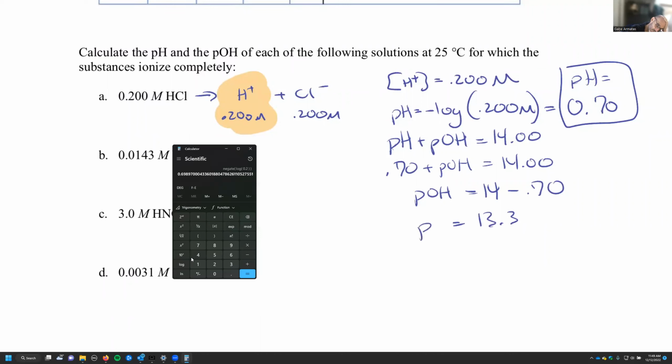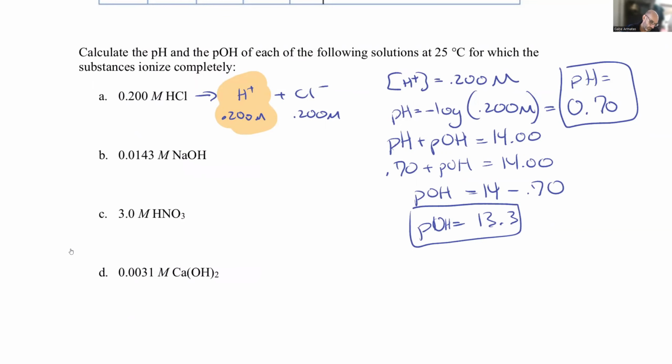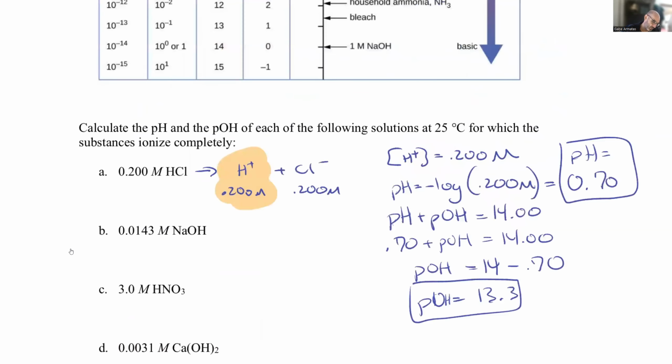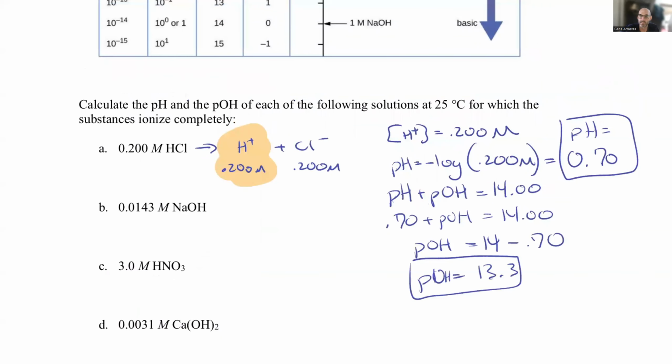There we go. There's my pOH. Okay, so just do that for the rest of these and you should be good to go. Okay, perfect. All right, we'll talk about this in class, but this is the basics of acids and bases.